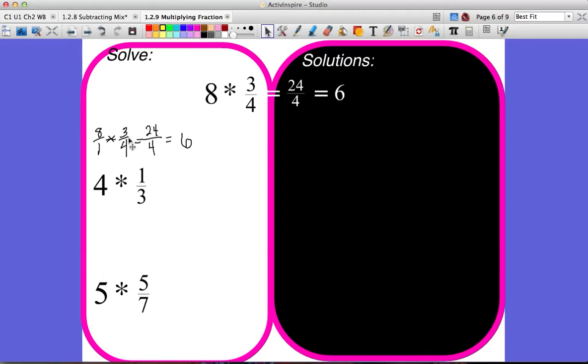And also think, 3/4 is not a whole number. It's not a whole group. So you're not going to make the number bigger by multiplying it by something that is less than 1.